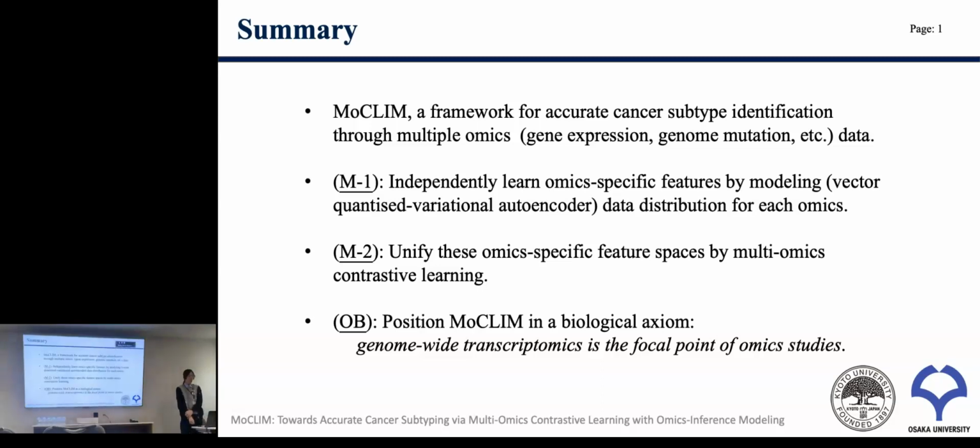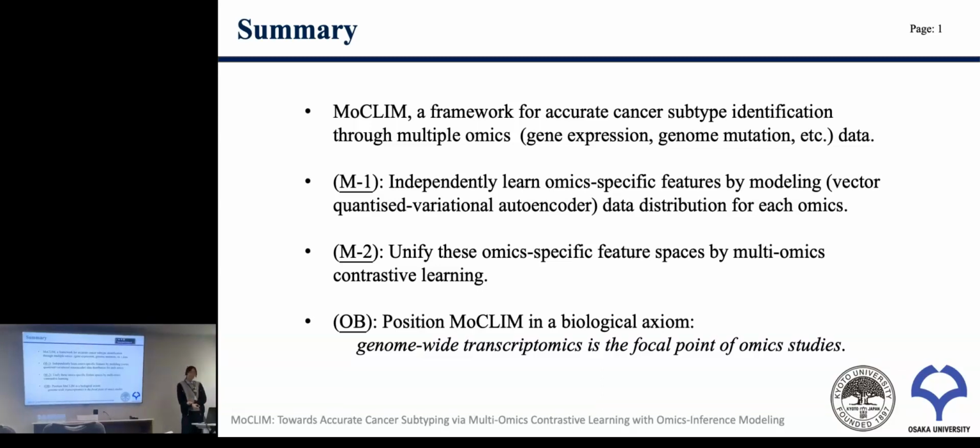In this work, we propose MoCLIM, a framework for accurate cancer subtype identification through multi-omics data. Our work is composed of two major modules, combined with important observations from biological studies. The first module independently learns the omics-specific features by modeling the data distributions for each omics data source.